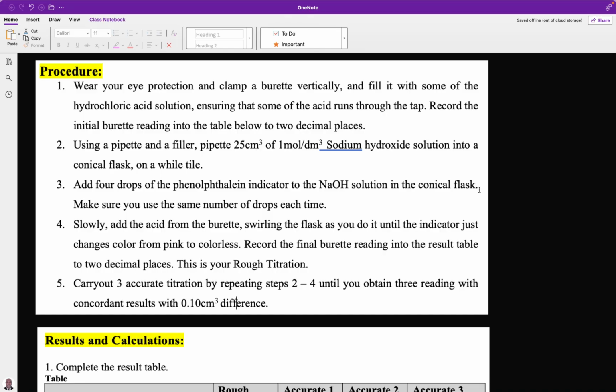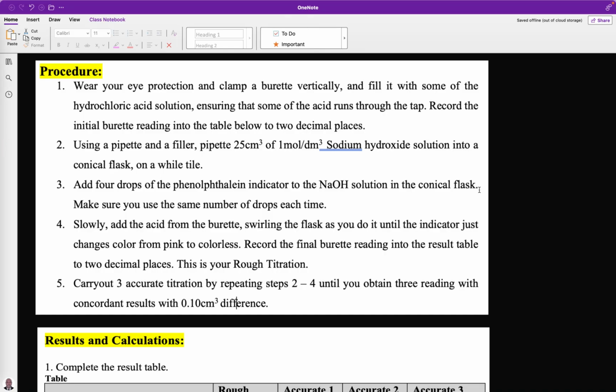Record your initial burette reading at this point into the table that will be provided below, to 2 decimal places. Firstly, wear your eye protection and clamp a burette vertically. Fill the burette with the acid you are using, ensuring that the acid runs through the tap. Read your initial burette reading to 2 decimal places.